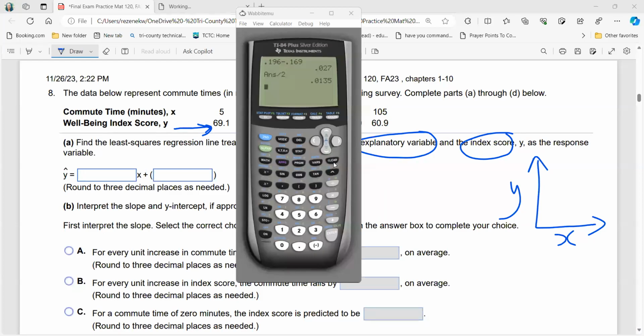All right. Okay. So what I'm going to do is go to STAT, put in the explanatory variable in L1 and response variable in L2, and do a scatter plot.